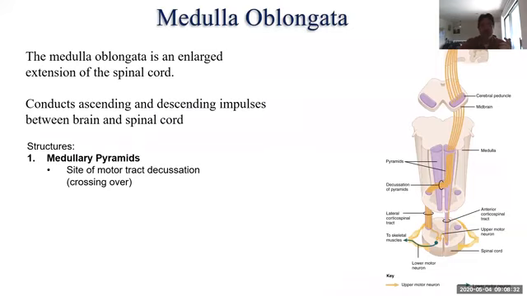And as we begin looking at the medulla oblongata, the first thing I want to remind you is that this is derived from the myelencephalon. If you guys are recalling that we had the different vesicles, the secondary vesicles.